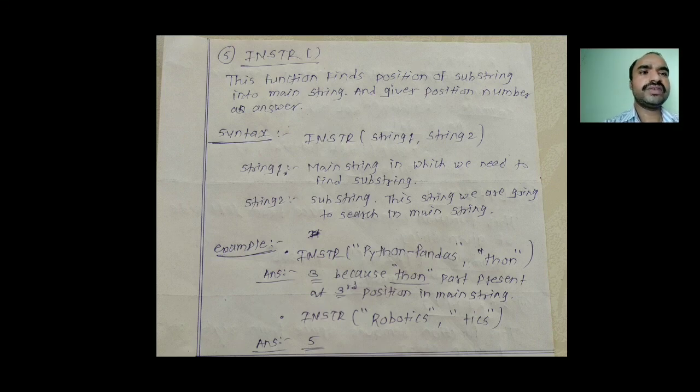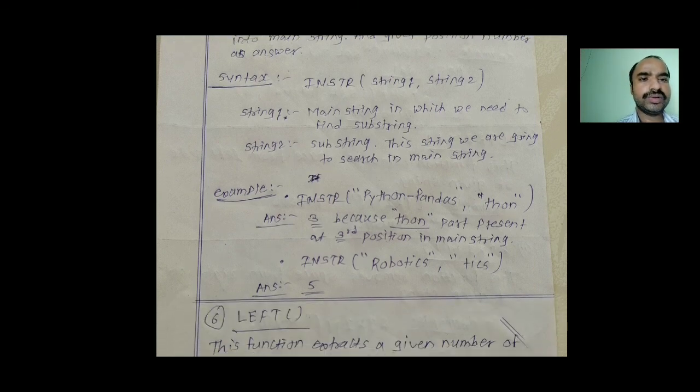This function finds the position of a substring in the main string and gives the position number as the answer. So the syntax is instr string 1 comma string 2. String 1 is the base string and string 2 is the string which we want to find in string 1. Let us see an example: instr Python pandas comma thon.